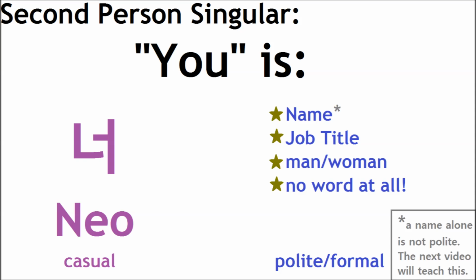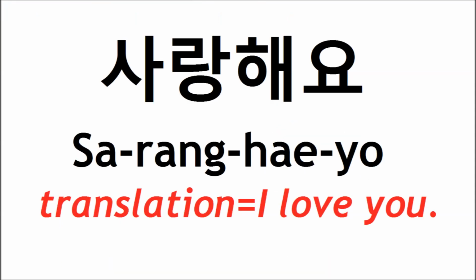You see, Korean is a pronoun drop language. They often drop the pronouns from the sentence altogether. In Korean, if I am talking to you, all I have to do is look at you while I'm saying something, and you'll get the idea. Here's an example with a phrase you might have heard before. I love you in Korean is 사랑해요.